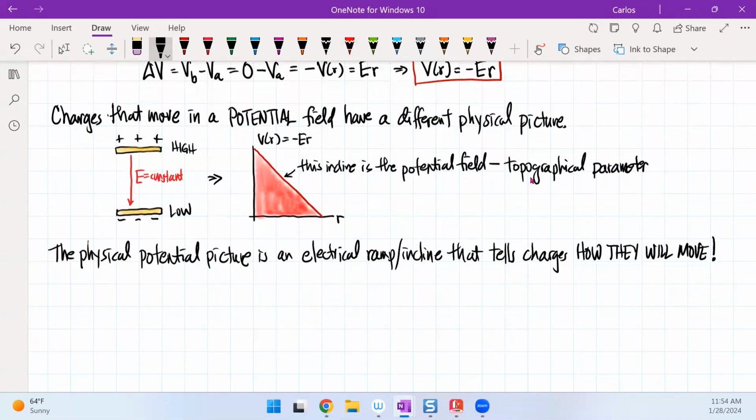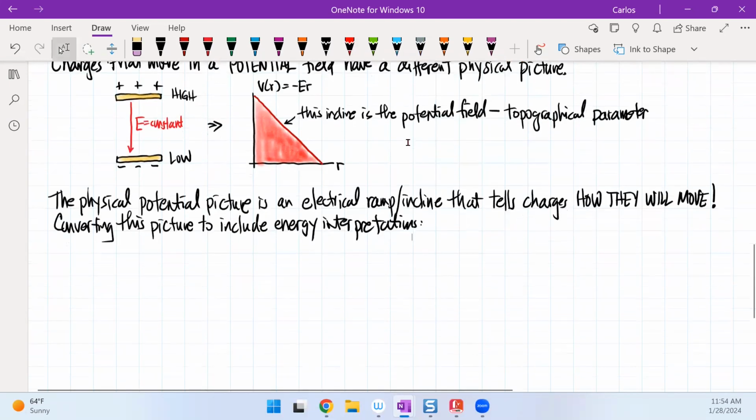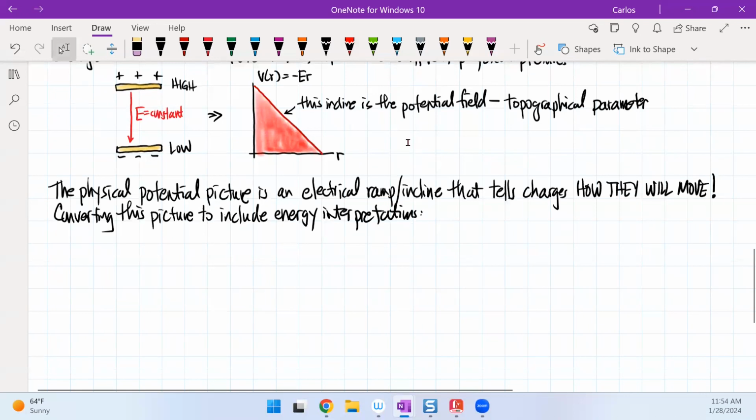So if I convert this picture just a little bit, how about converting this picture to include energy interpretations? Then I have this. I have a plate, and here's my plate right here.